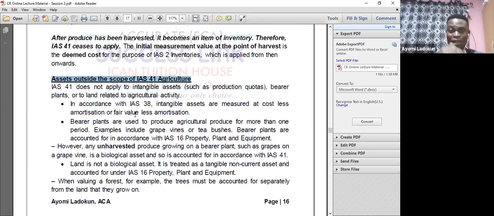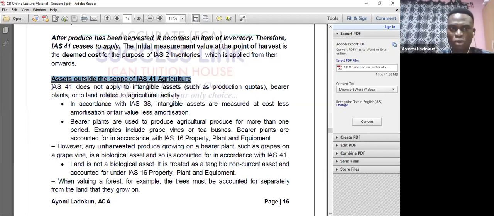Like I said, we have seen how IAS 2 is interfacing with IAS 41. So we're going to see three more standards. Let's see how they are also interfacing with IAS 41: IAS 2, IAS 38, and IAS 16. So we have seen IAS 2.